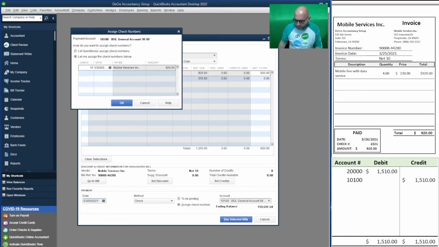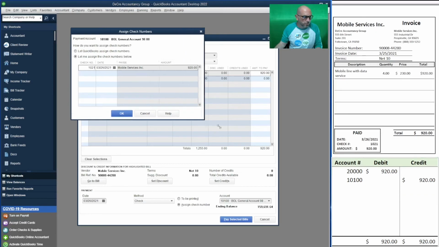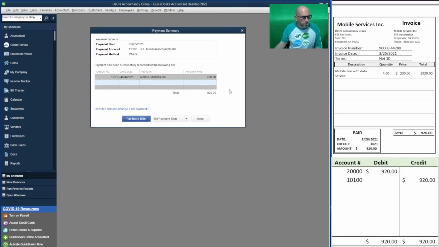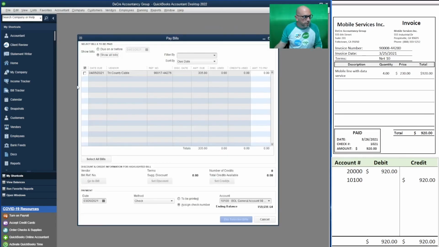Okay, 1021, same thing. All we're doing is we're reducing accounts payable and we're reducing our balance in our bank account because that's what we use to pay. Here it is. Right, 920, impacting our bank account, credits it to reduce and reduces our accounts payable. And last one.